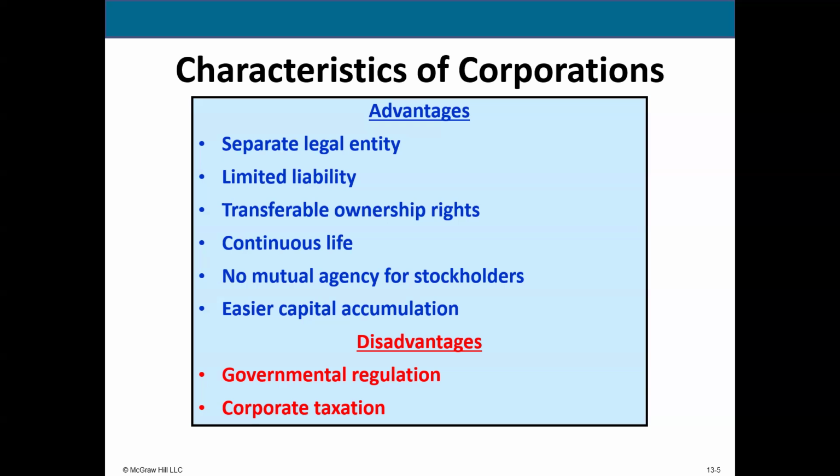And there's really two primary disadvantages to forming a corporation. One is that there's a lot of government regulation, especially for publicly traded companies, because they have to follow regulatory rules and regulations with respect to issuing shares of stock. And the second disadvantage, which is always a disadvantage, is the taxation, right?